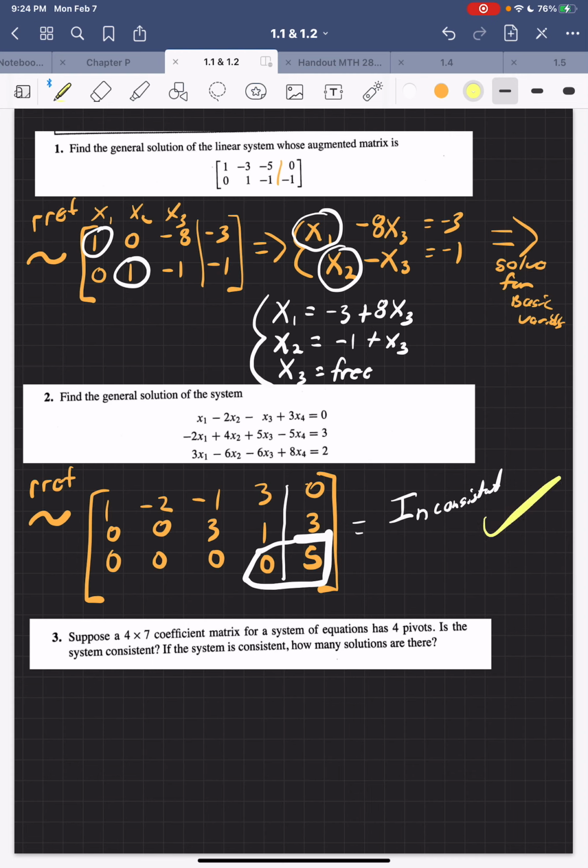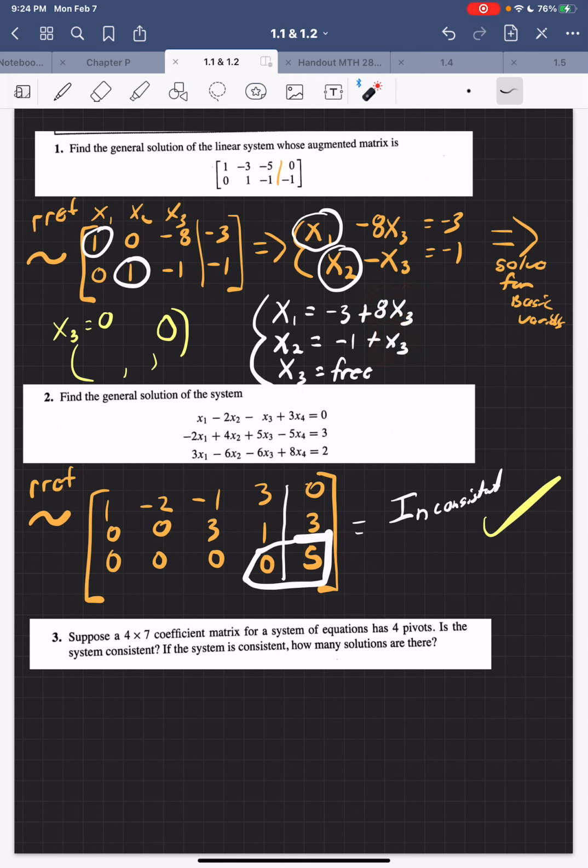If you choose x sub 3 is 0, we're in 3 dimensions, 3 variables. You just chose x sub 3 is 0. Remember, because x sub 3 is free, you can choose anything you want. So I'm going to plug 0 in for x sub 3 here and here, and let's figure out what x sub 1 and x sub 2 are.